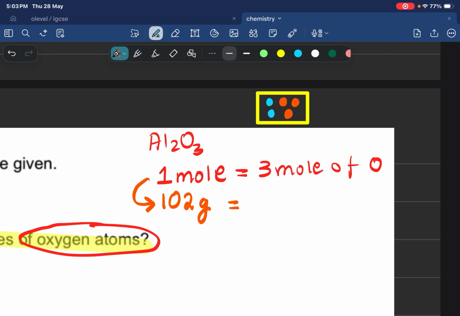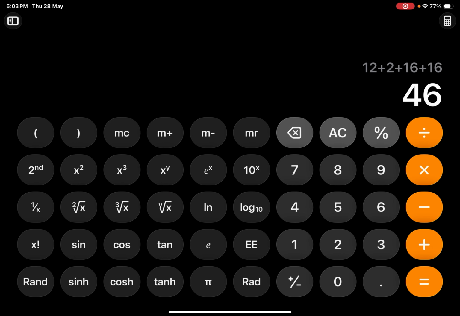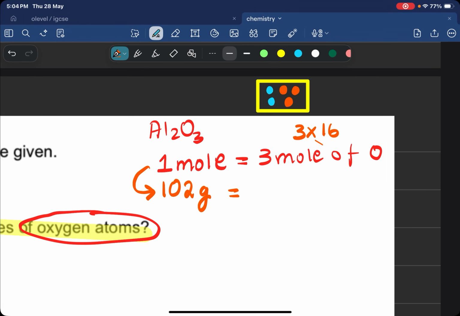What's the mass of 3 moles of oxygen? 3 into 16, right? The mass of 1 mole of oxygen, not oxygen molecule, we're dealing with oxygen atom, is 16. So 3 into 16, look at my skills, 48. So we have 48 grams here.